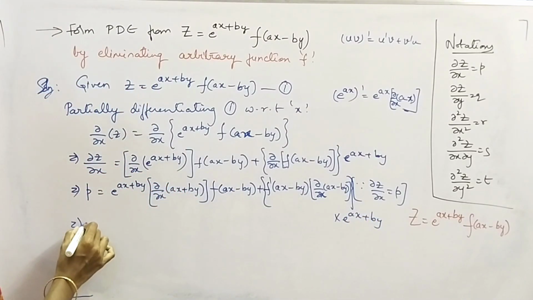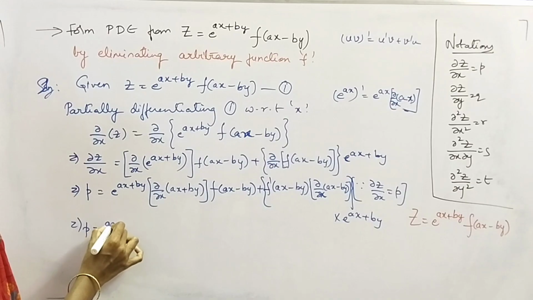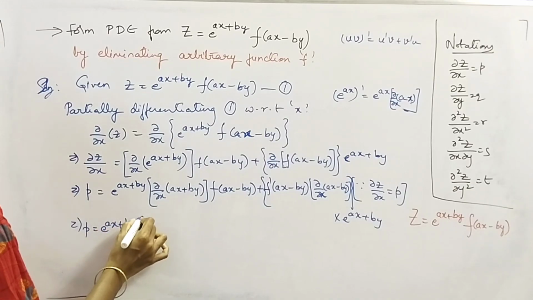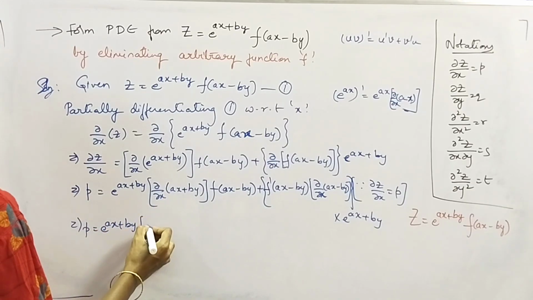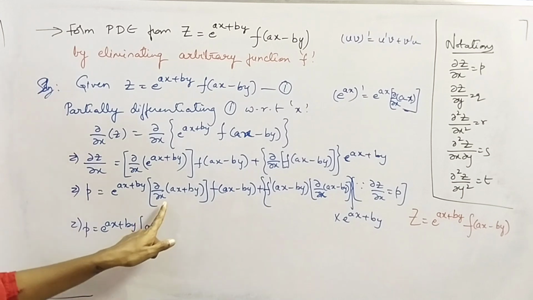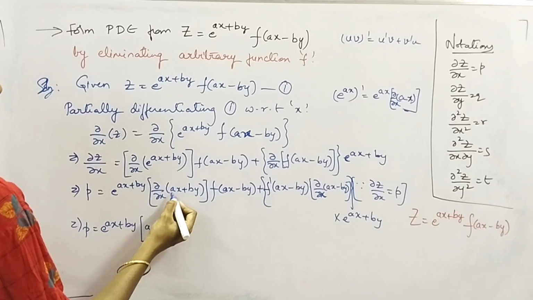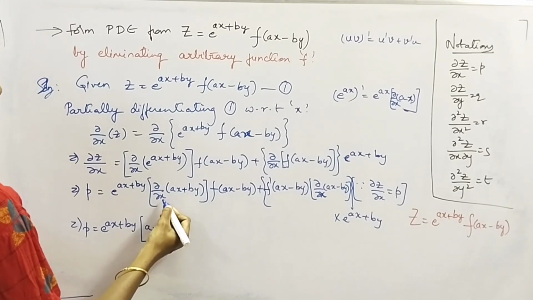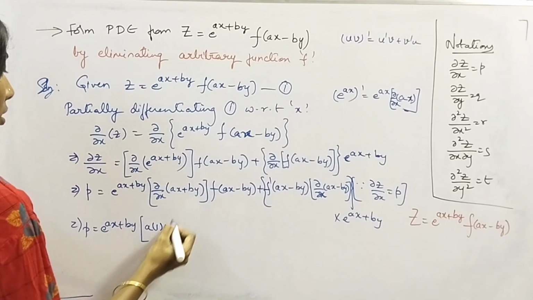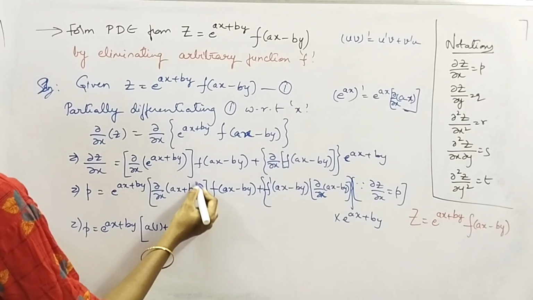This gives us p equal to e power ax plus by into partial derivative of, here we are partially differentiating with respect to x, so we'll treat y as constant, okay? Here a is constant, right? We'll write a into partial derivative of x with respect to x is 1 plus by is constant, right?